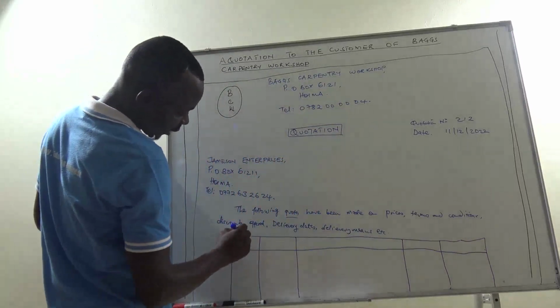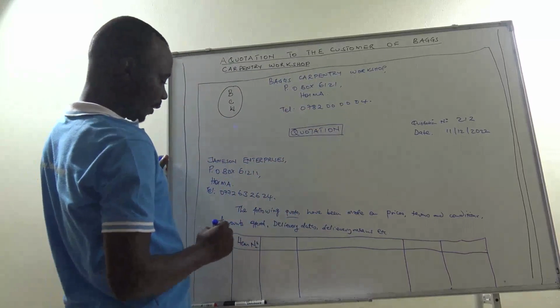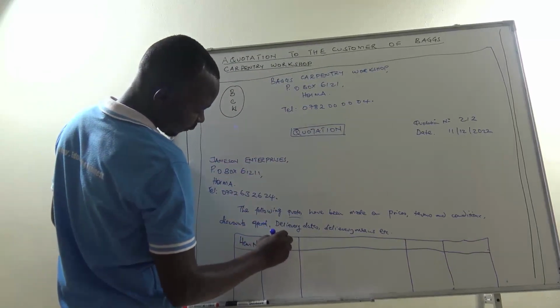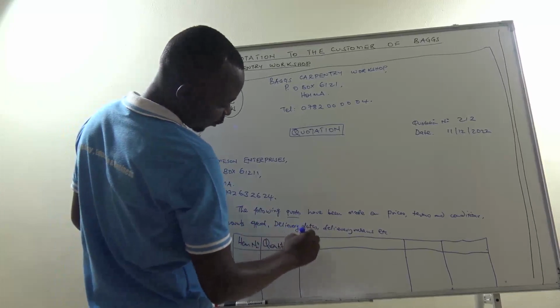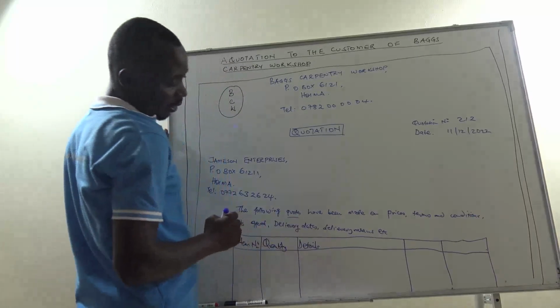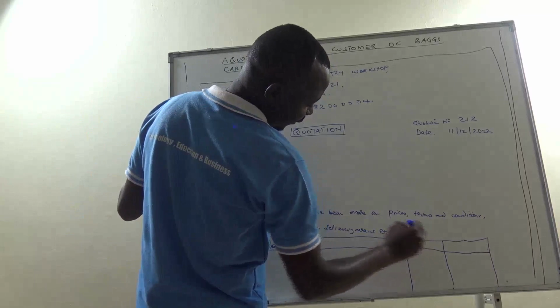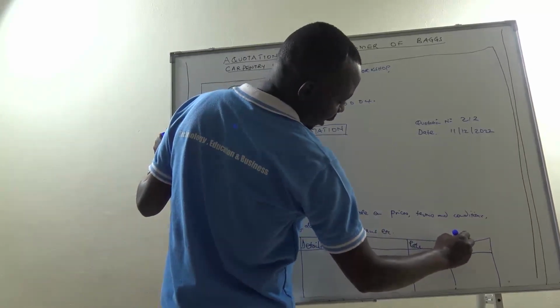This table, this is item number, this one is the quantity, this one is the description or details, this one is the unit cost or you can call it rate, this one is the total cost or you can call it amount.